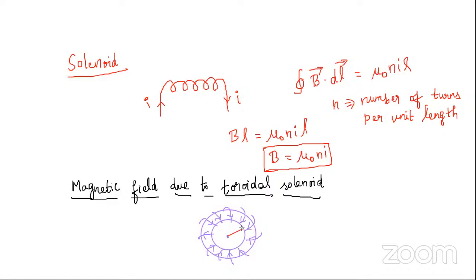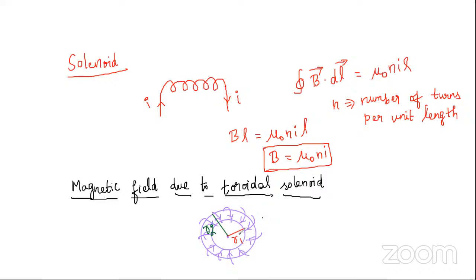From here to here it is R1, and from here to this point it is R2. This is R2, and this red color distance is R1.